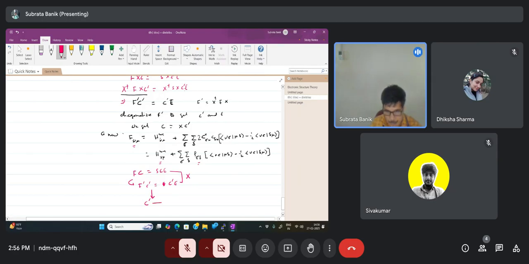And this C prime you use to construct P sigma delta again. From there you construct F, right? And then you solve this FC equal to SC.